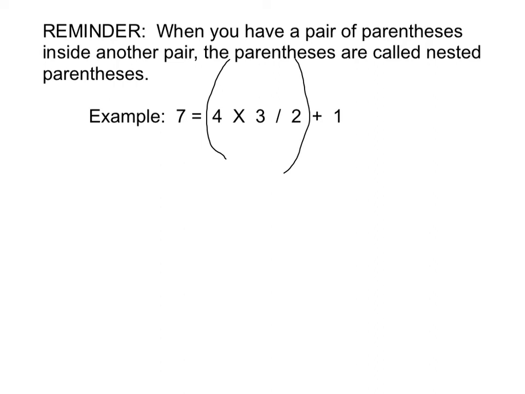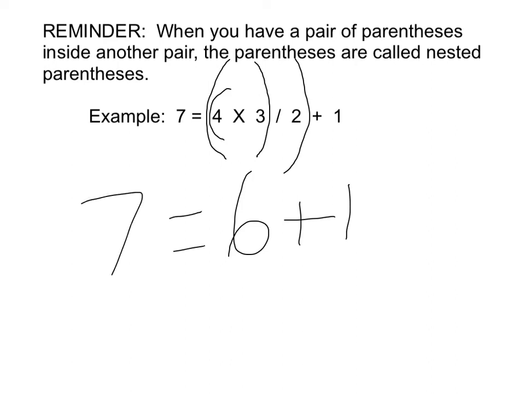However, what you need to do next is you need to have parentheses around the 4 times 3. Because 4 times 3 is 12. Then 12 divided by 2 gives us an answer of 6. 6 plus 1 gives us our answer of 7. Let's move on.